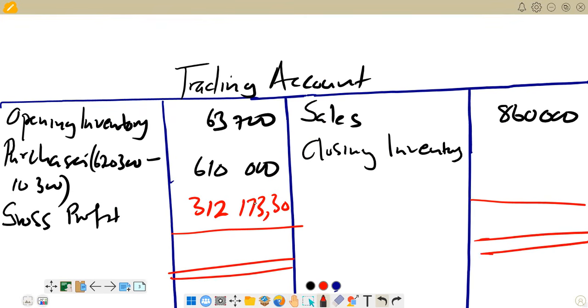So if you add the credits, you're adding 63,700, 610,000, 312,173.30. You are going to get 985,873.30. So the same figure is going to come here.